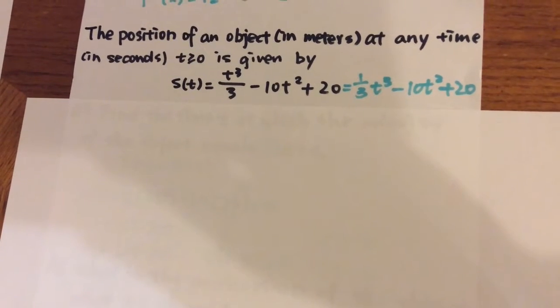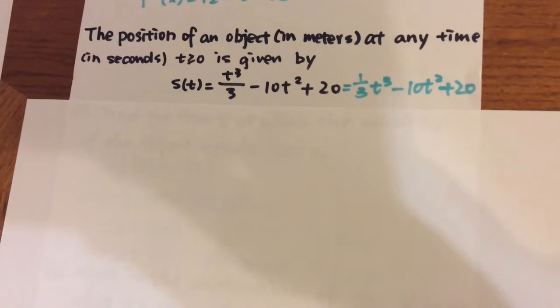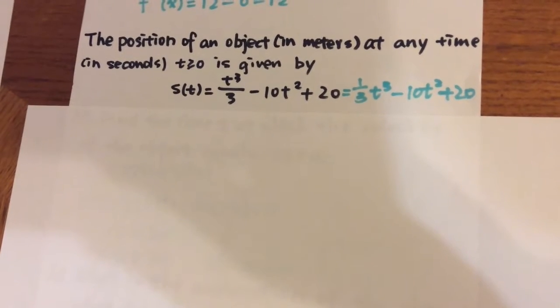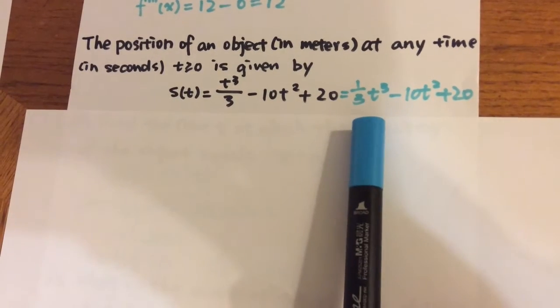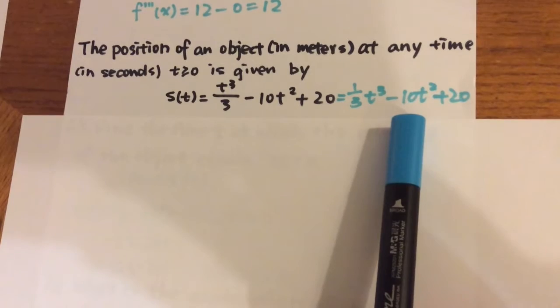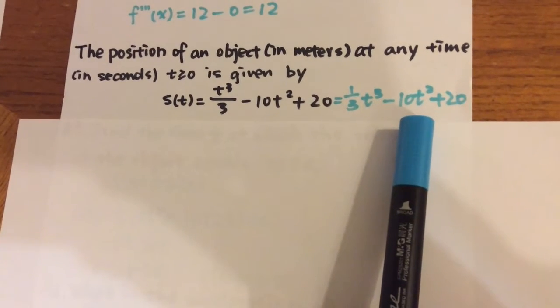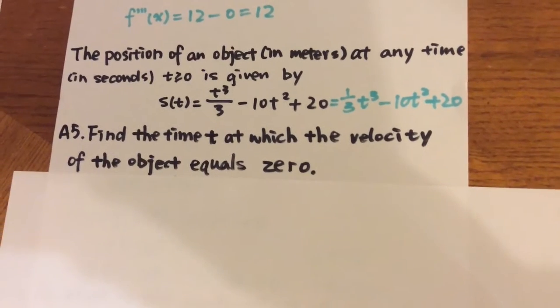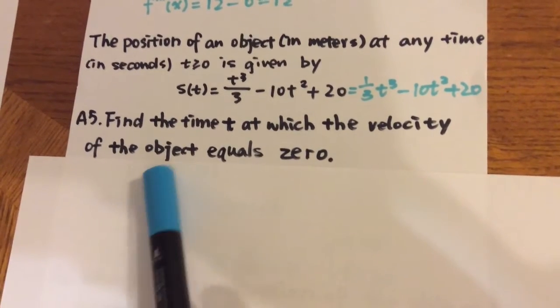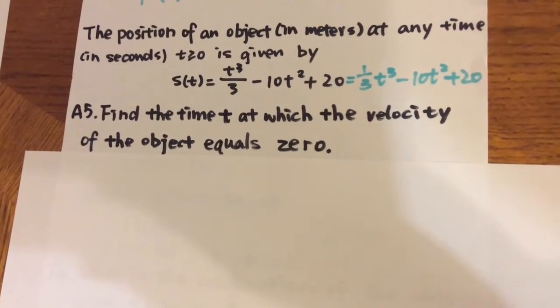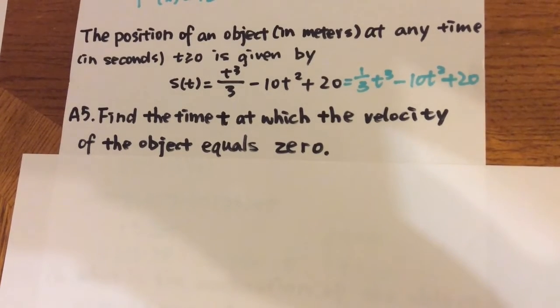We rewrite this equation in a simpler form: 1 over 3 times t to the power of 3 minus 10 times t to the power of 2 plus 20. So the fifth question is to find the time t at which the velocity of the object equals 0.